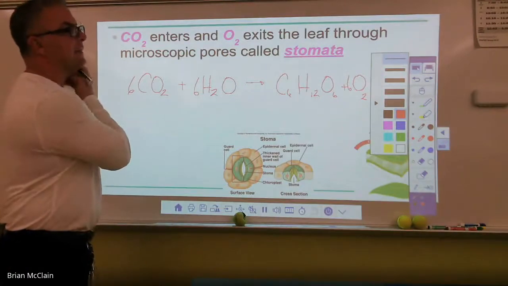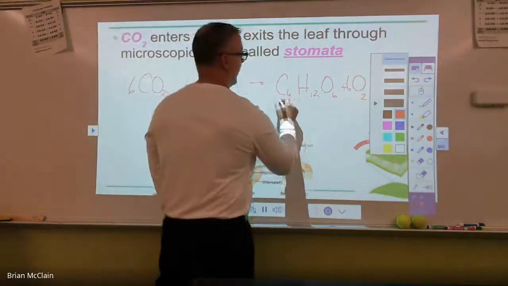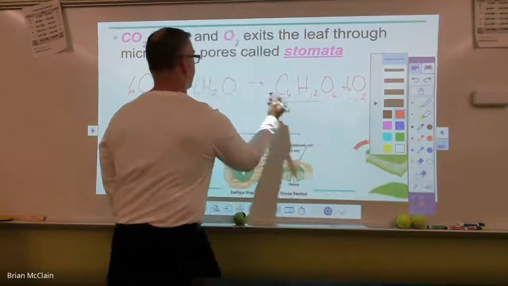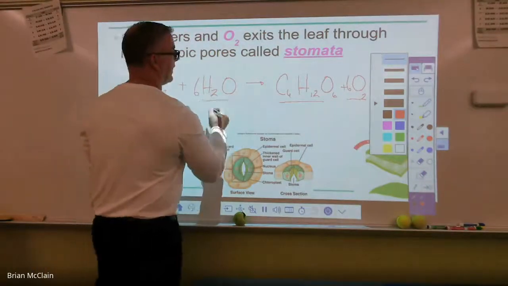We looked a lot in the previous section at taking glucose and oxygen and being able to release carbon dioxide and water.